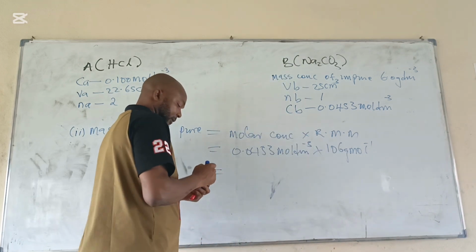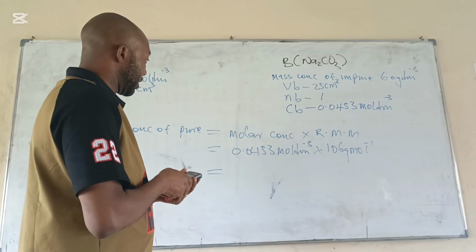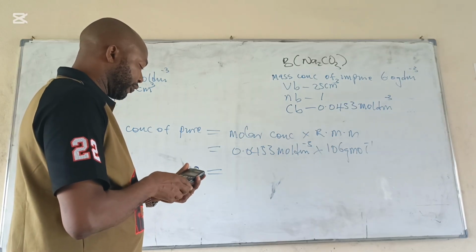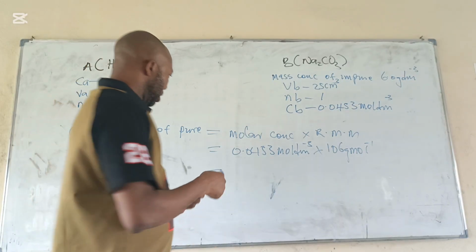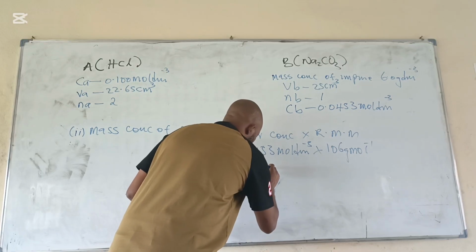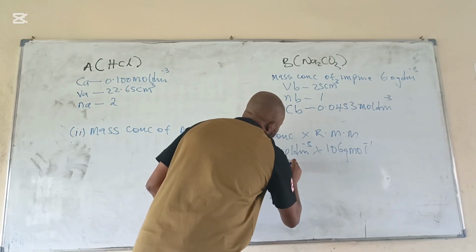And this is 0.0453 times 106, which is 4.80 g per dm cube.